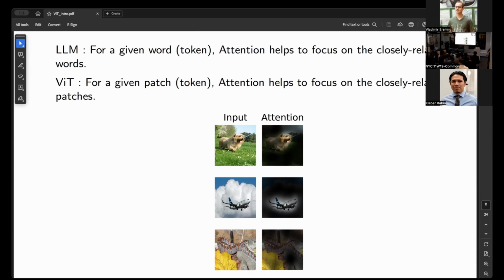Another question: what size are the patches typically? In other words, the size of the dog's nose or the size of the dog's head? It's a hyperparameter. If the patch size is too small, then you have a large number of tokens, which means it's computationally very expensive for the transformer to work.